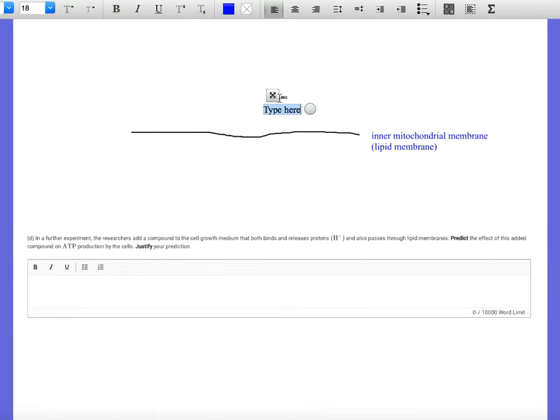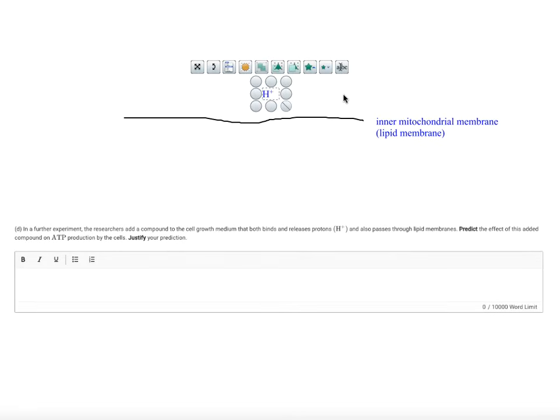And if you remember from part A, what we had decided was that there were hydrogen ions at play because the energy released by moving those electrons down the electron transport chain is basically used to move hydrogen ions into the inner membrane space, right?